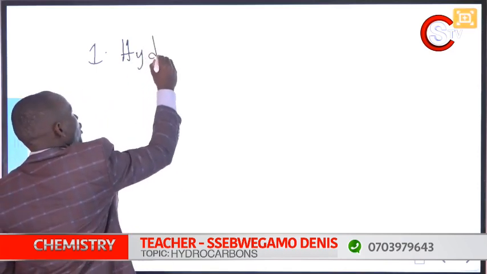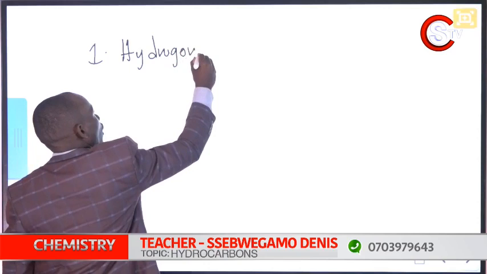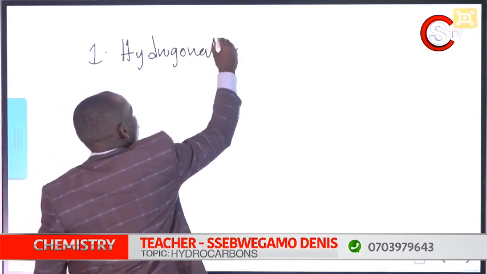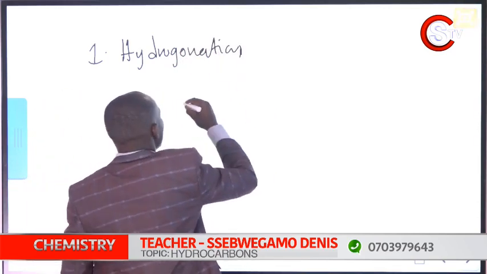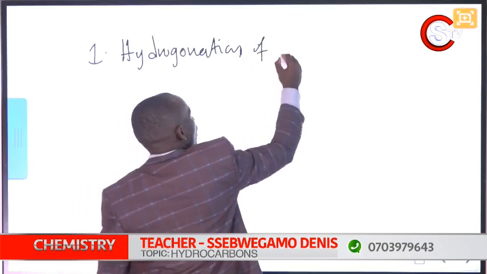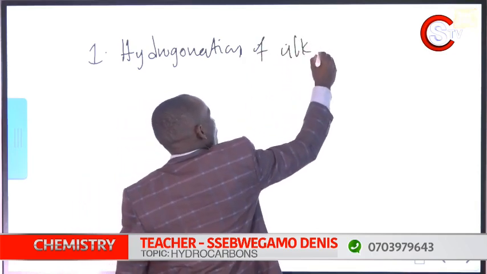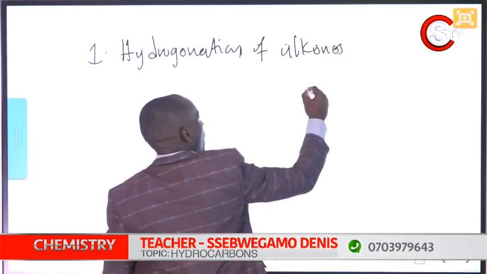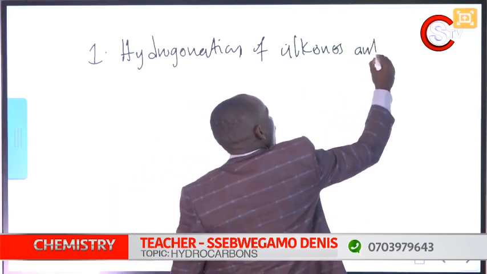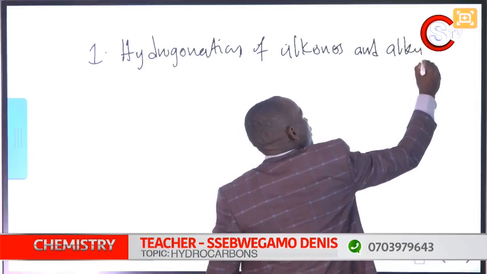So simply hydrogen is reacting with alkenes and alkynes.